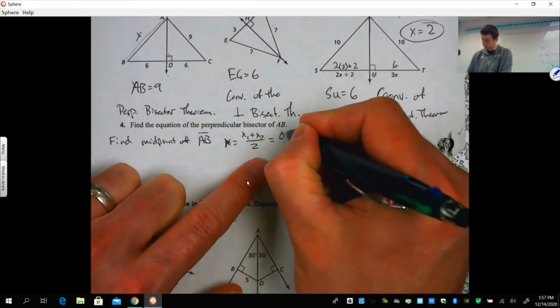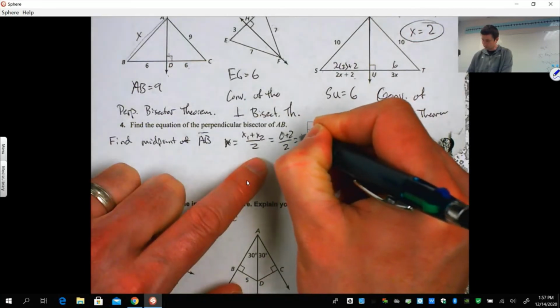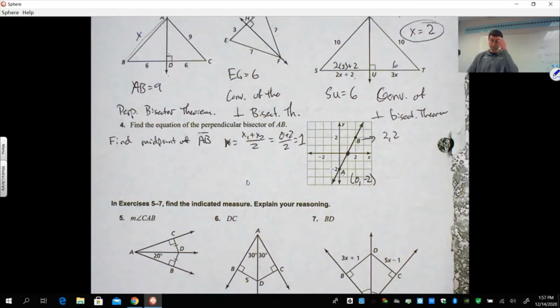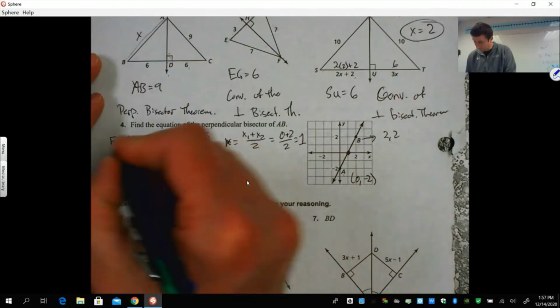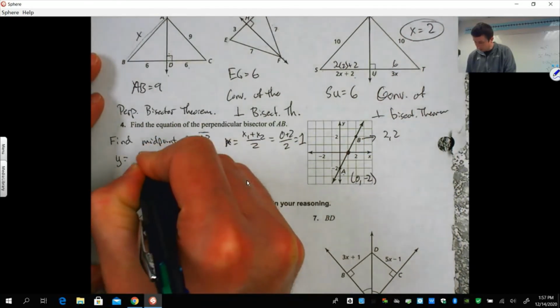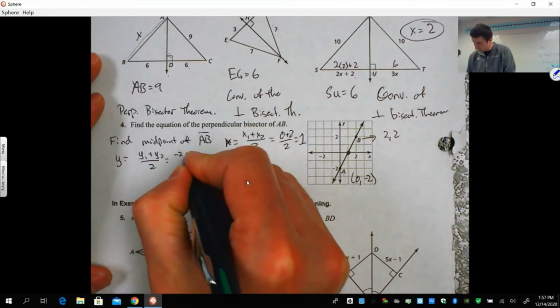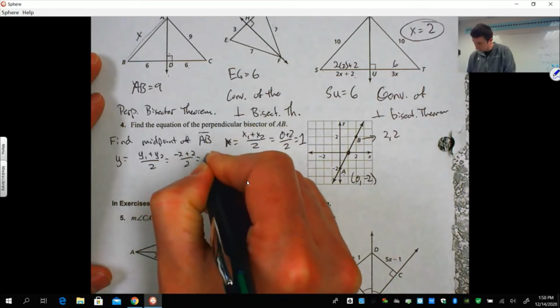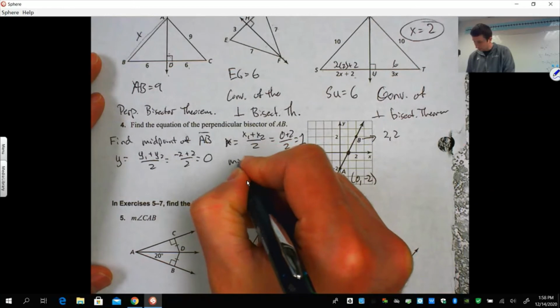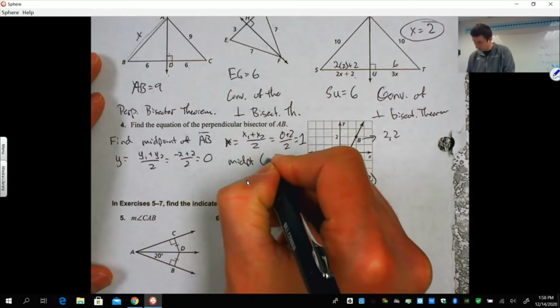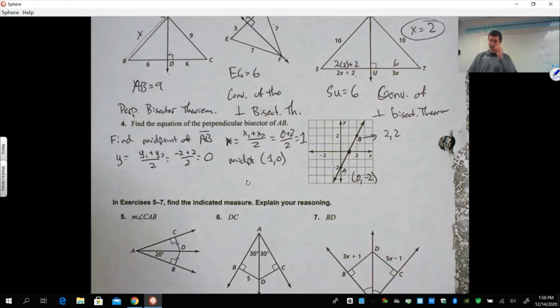So that's 0 plus 2 divided by 2, 2 over 2, which is 1. My y value is y1 plus y2 divided by 2. That's negative 2 plus 2 divided by 2, and that's 0 over 2, which is 0. So my midpoint is at 1, 0.